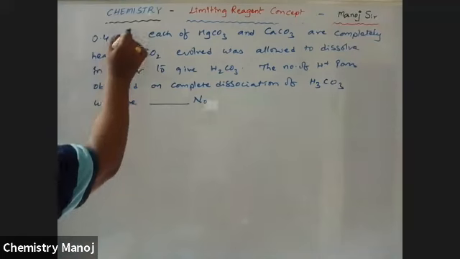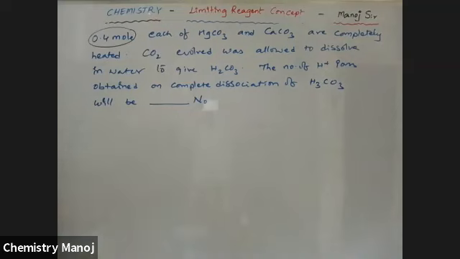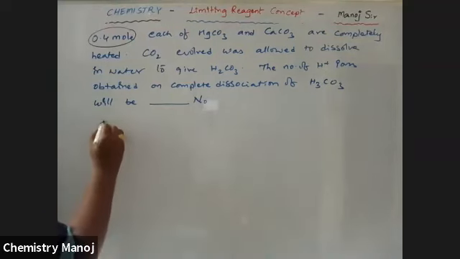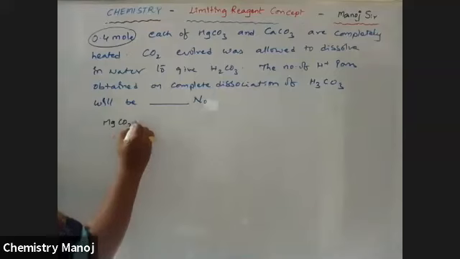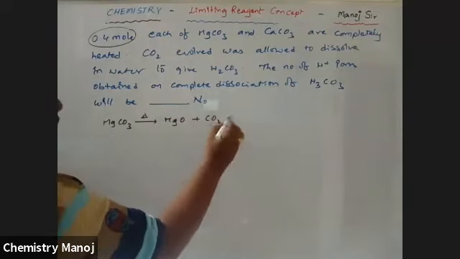0.4 mole each of MgCO3 and CaCO3. MgCO3 on strong heating gives MgO plus CO2.